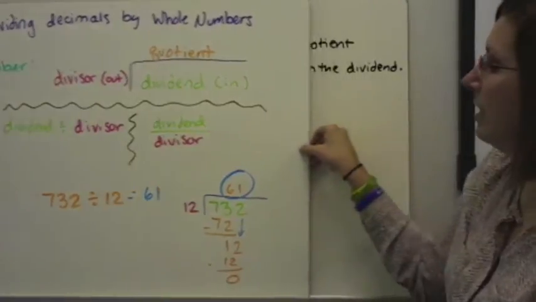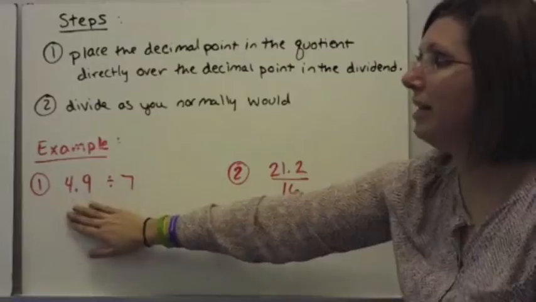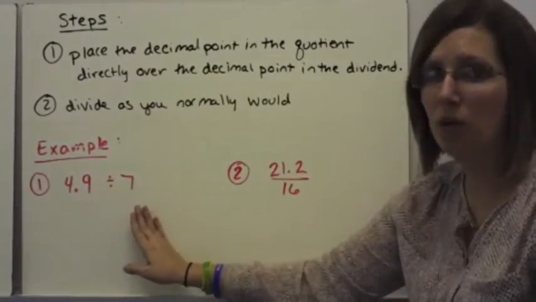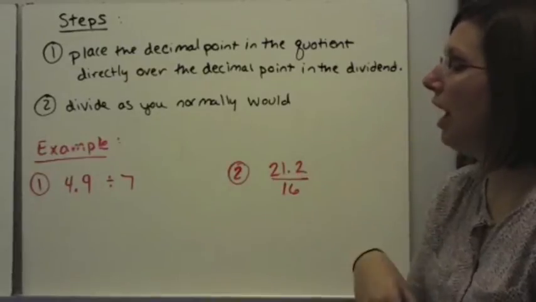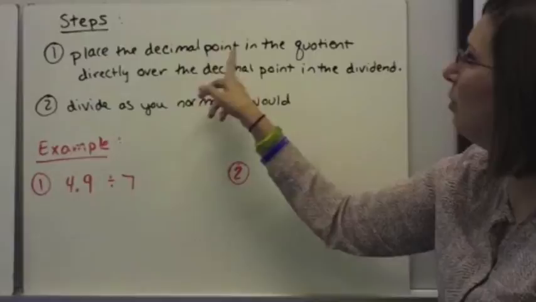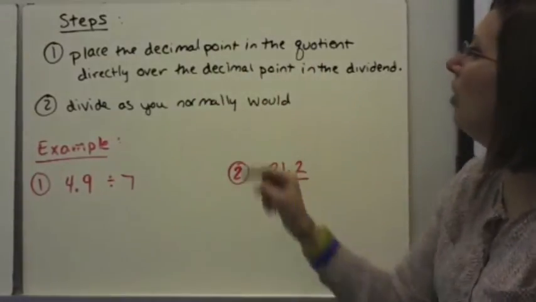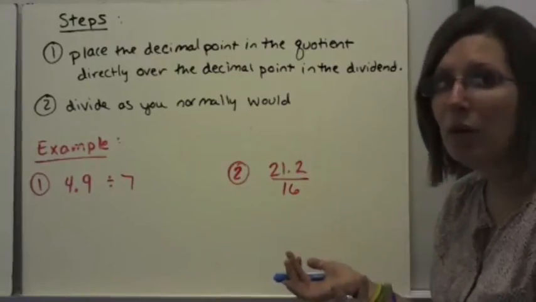So let's take a look at some situations where we have a decimal being divided by a whole number. We've got 2 steps here for you. First of all, after we write our long division situation, we're going to place the decimal point in the quotient directly over the decimal point in the dividend. And then we just divide like we normally would.